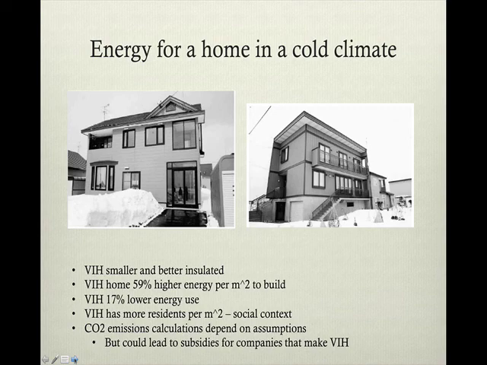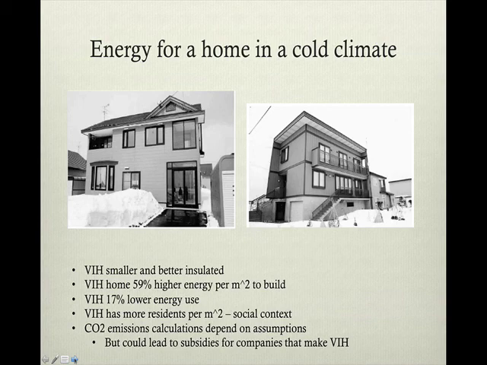And the vertically integrated home was smaller and better insulated, and it required 59% higher energy per meter squared to build. And over the period of time, it had 17% lower energy use. But this vertically integrated house also had more residents per meter squared, and this comes from the neighborhoods where these were built.